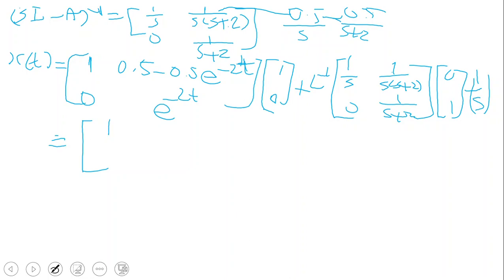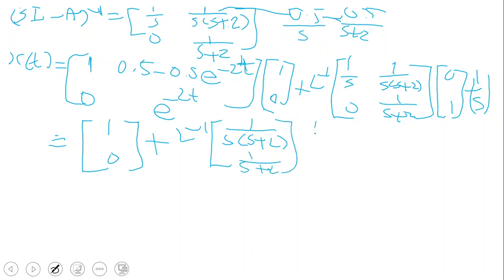So here it is 0. That is when I multiply the first two matrices. Plus, I have to multiply the other two matrices, that is 1 by s into s plus 2, 1 by s plus 2 into 1 by s, correct?